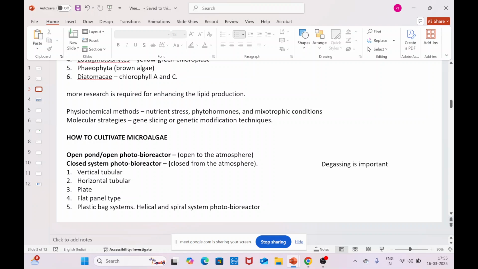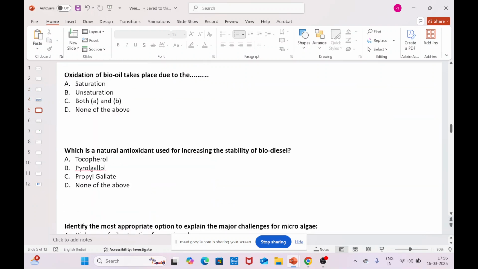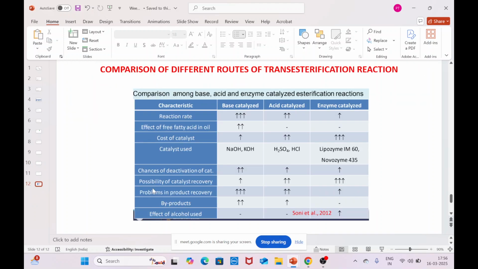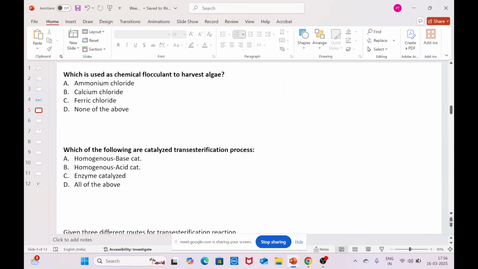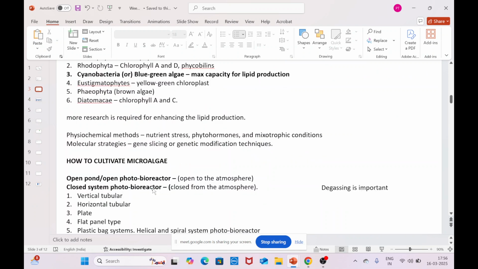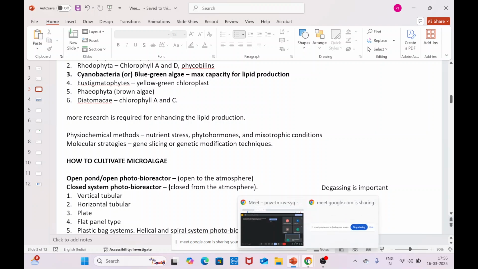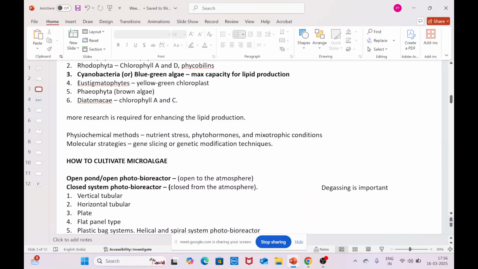If you see the table, there are multiple different parameters: biomass yield, accumulation of O2 and CO2, cost, and so on. A few parameters are good for tubular, a few are good for column, and a few are good for flat panel.